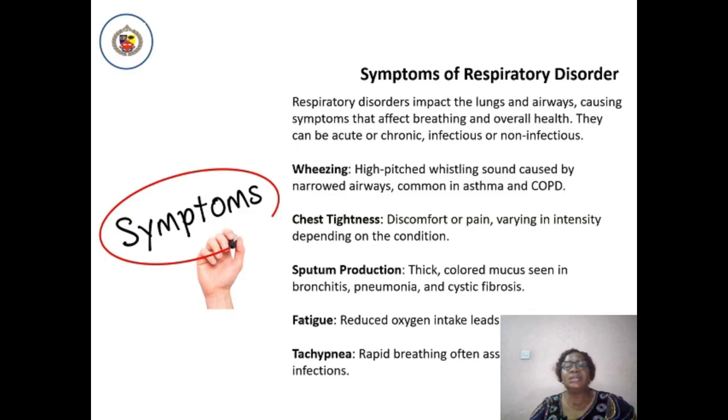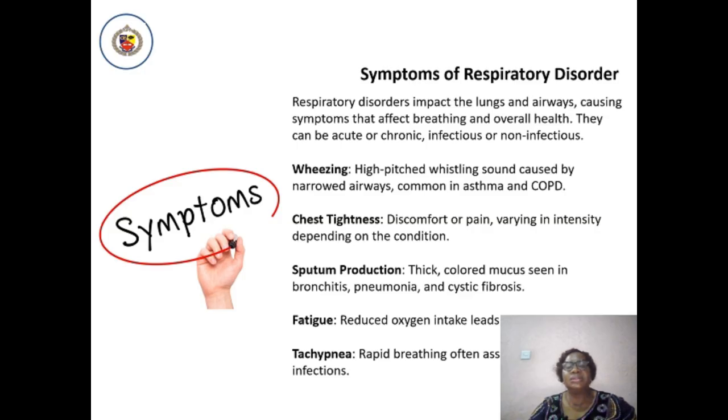Chest tightness, discomfort or pain varying in intensity depending on the condition. Sputum production: thick, colored mucus seen in bronchitis, pneumonia and cystic fibrosis.